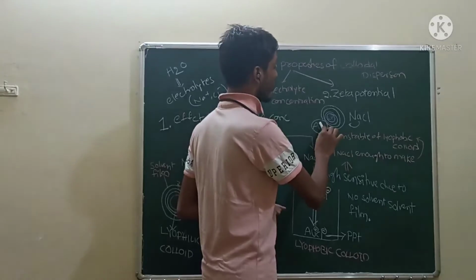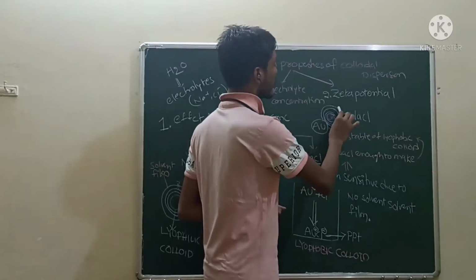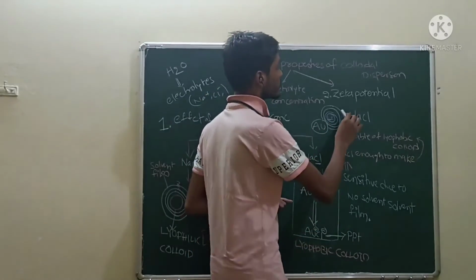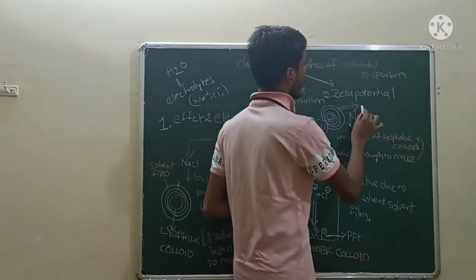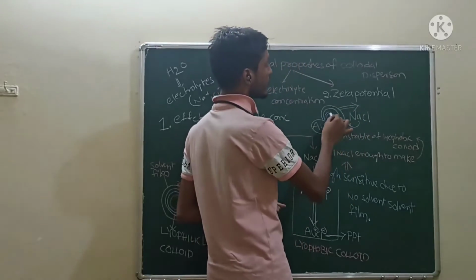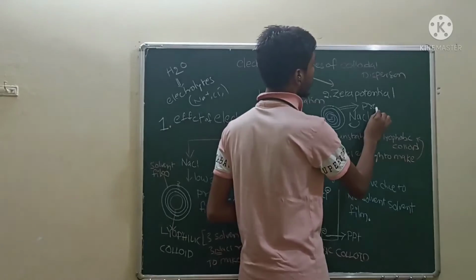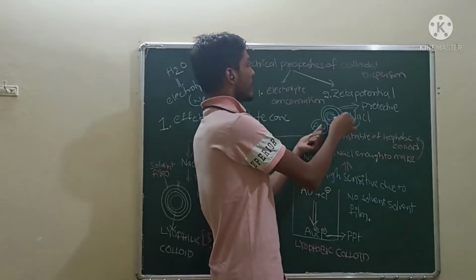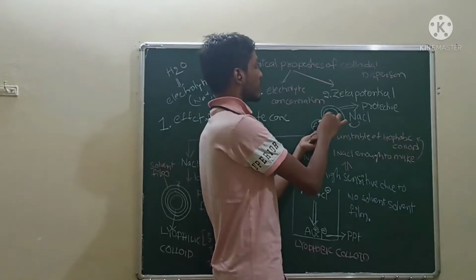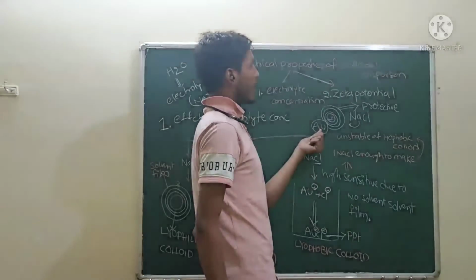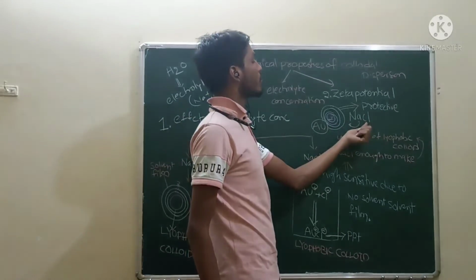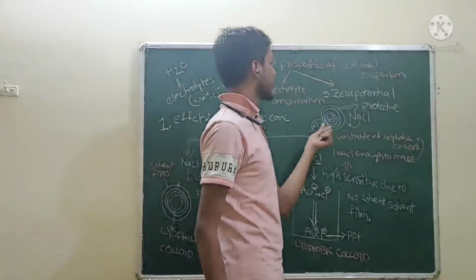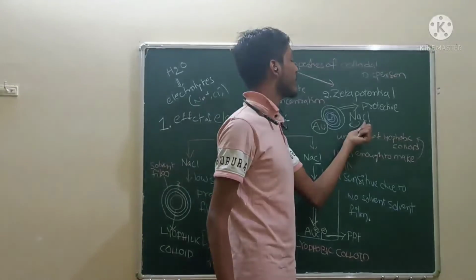I have protected this lyophobic colloid by using lyophilic colloid. In this case, I call this lyophilic colloid a protective colloid. This lyophilic colloid protects the lyophobic colloid from the chloride ion, from the NaCl or electrolyte.